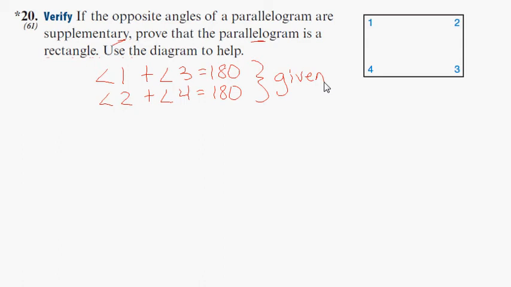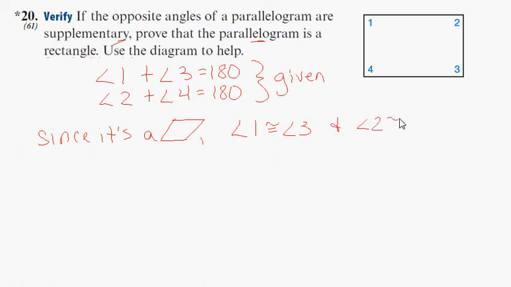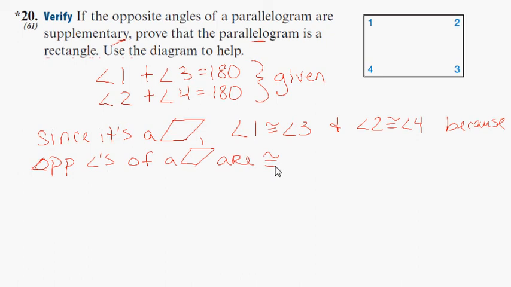Now, since it's a parallelogram, I'm going to use my parallelogram symbol here, we know that angle 1 is congruent to angle 3, and angle 2 is congruent to angle 4, because opposite angles of a parallelogram are congruent, okay?